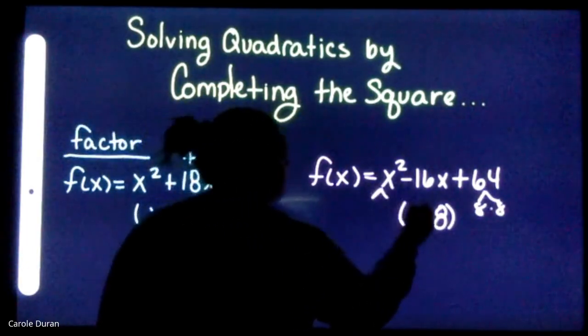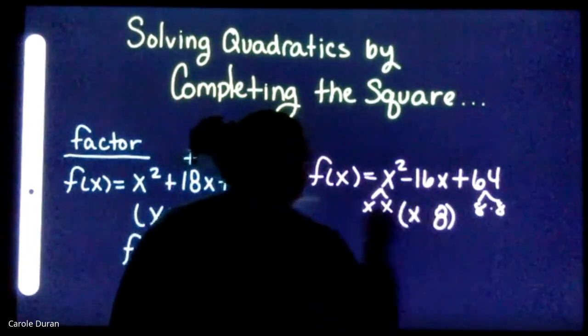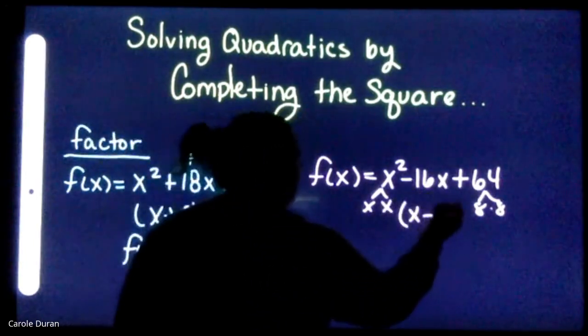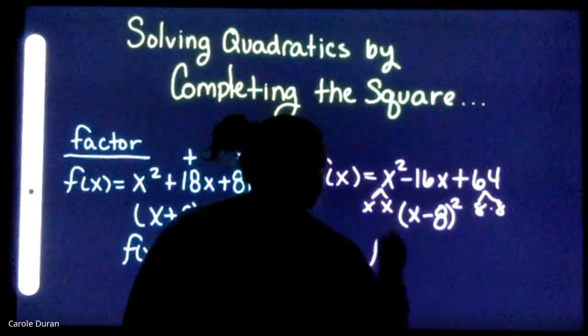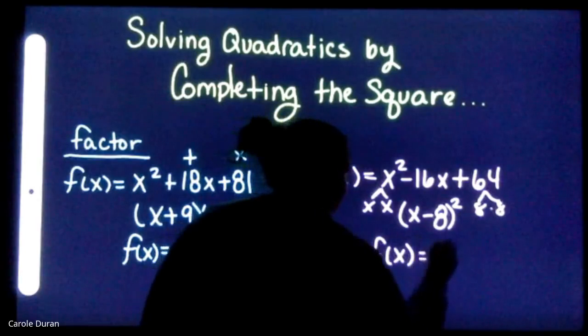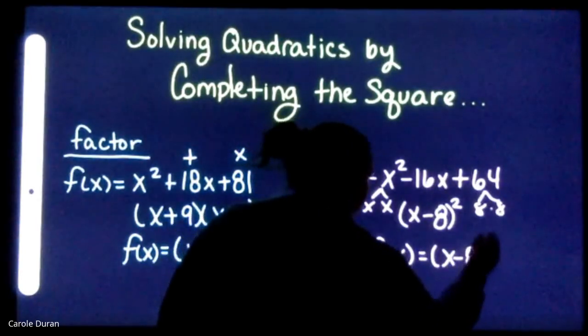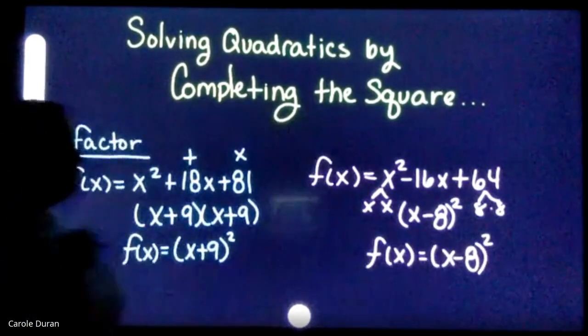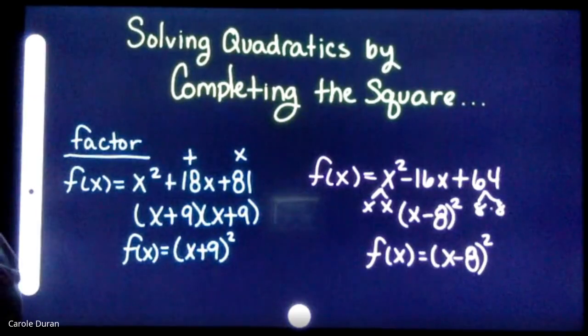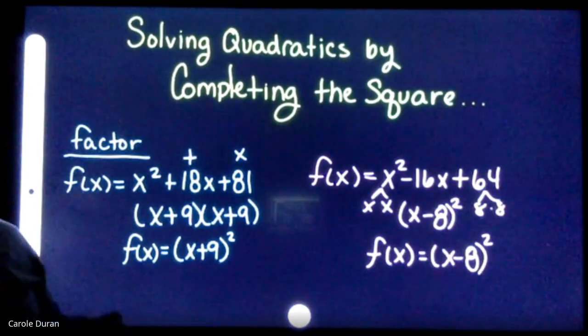X times x gives me x squared, and then it's always the sign of my middle number. So this factors into x minus 8 squared. Does that kind of make sense? Maybe, hopefully. Is anybody confused by that?